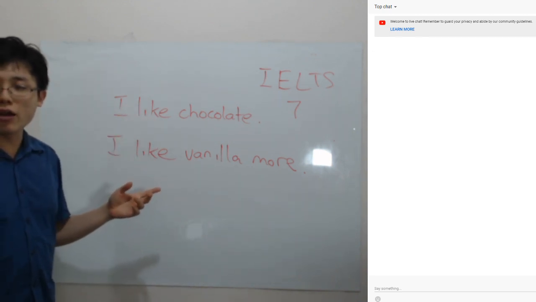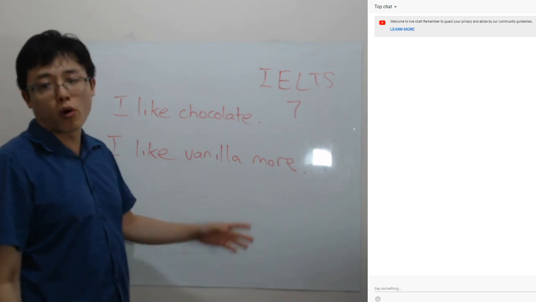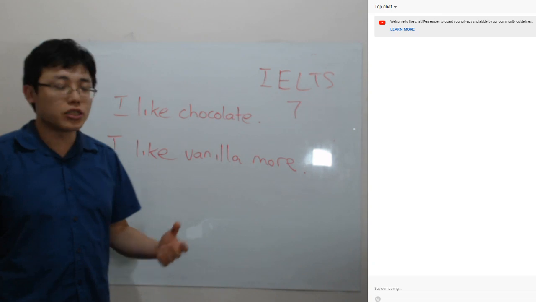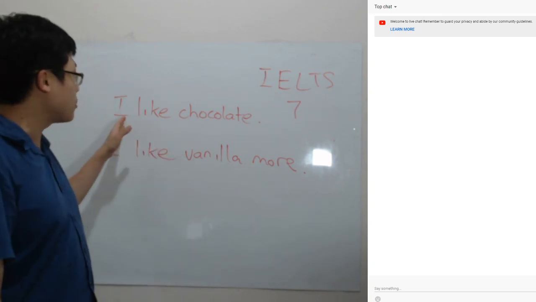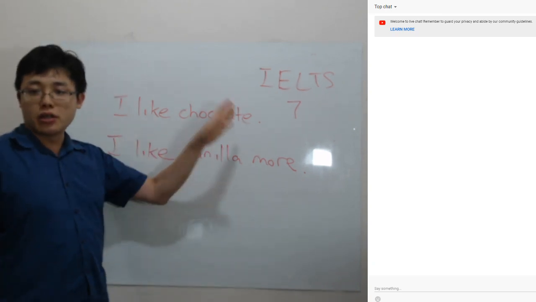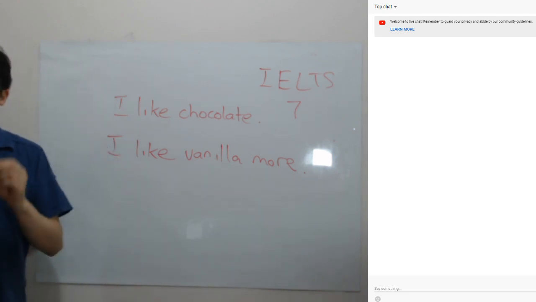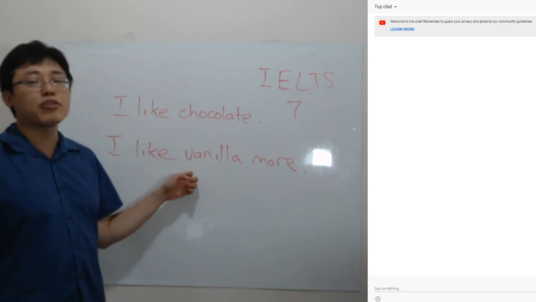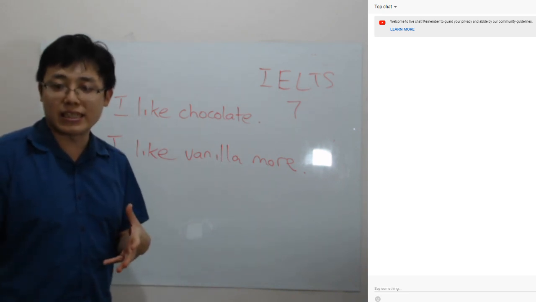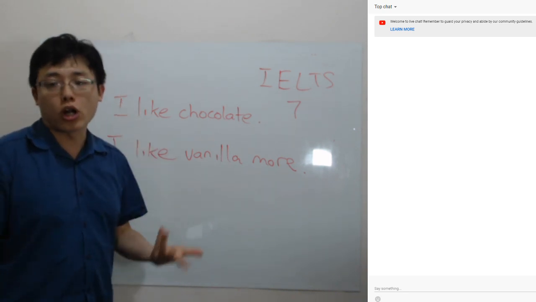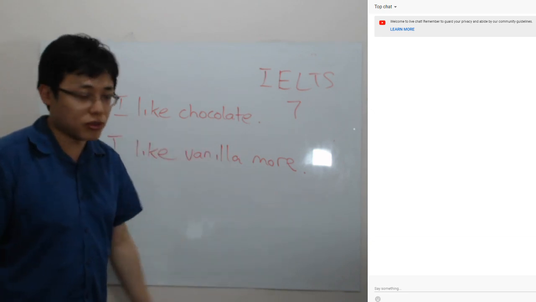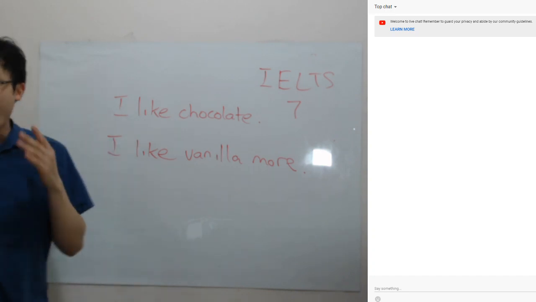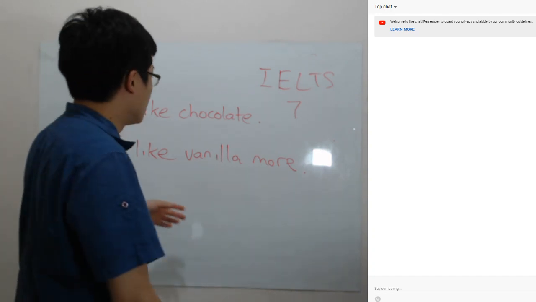After that, we have I like vanilla more. Now, these are what we call simple sentences. Simple sentences generally follow the subject, verb, object order. Now, if you want to impress people in English, you have to be able to produce sentences that are more complicated. They are complex. So these are not complex sentences. So how can we make them complex?